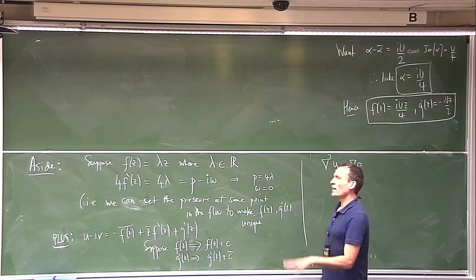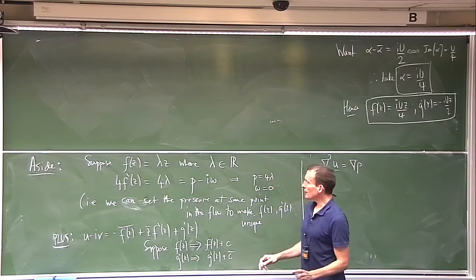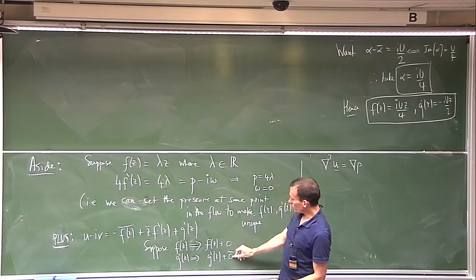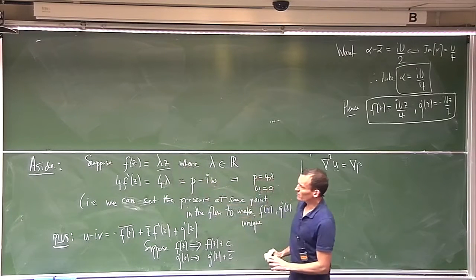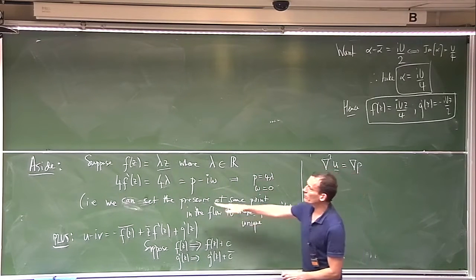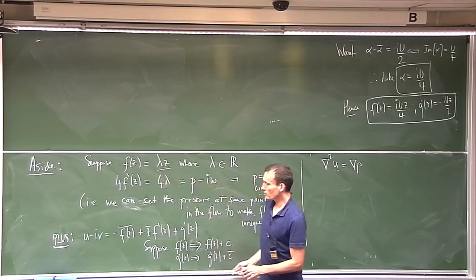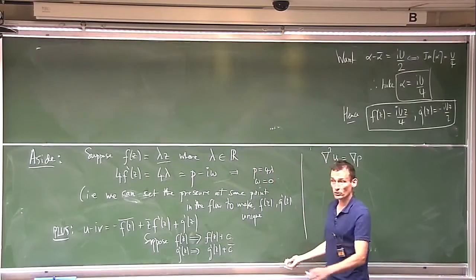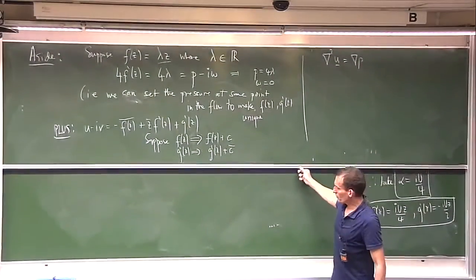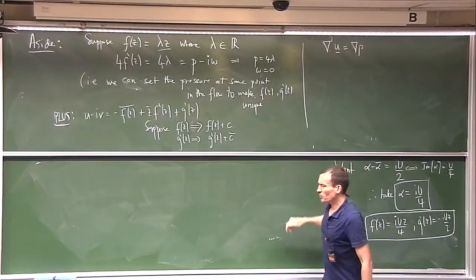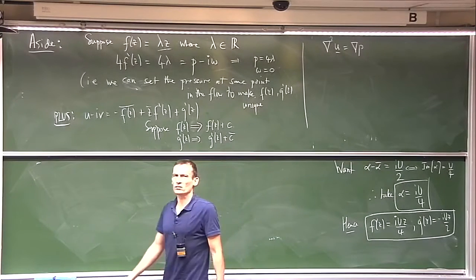So very good question. I didn't want to spend too much time on this because basically there are freedoms to do with adding a constant to F and G in this way and adding these basically pressure fields, these linear functions of Z, to F to make it unique. But it's an excellent question. I didn't want to spend too much time on that. It's true, and I'm glad you pointed it out. And textbooks tend to spend pages and pages on this.